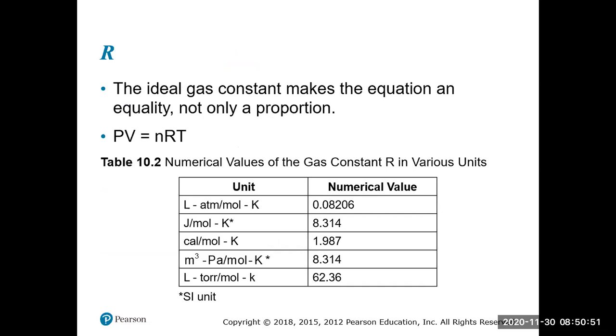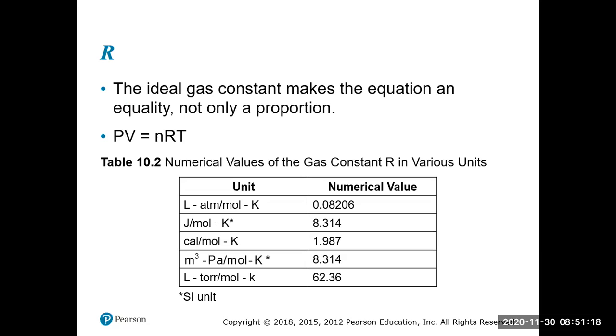This ideal gas constant R has several values, and it just depends on what units you're using. That first value, 0.08206, has units of liters atmosphere divided by moles Kelvin. That is by far the most common one.